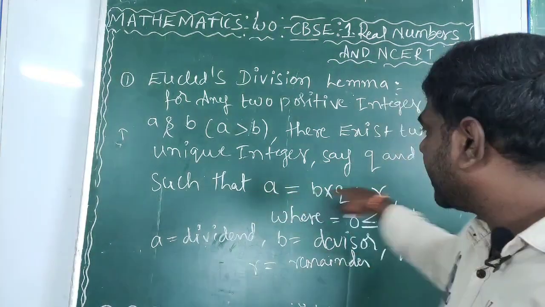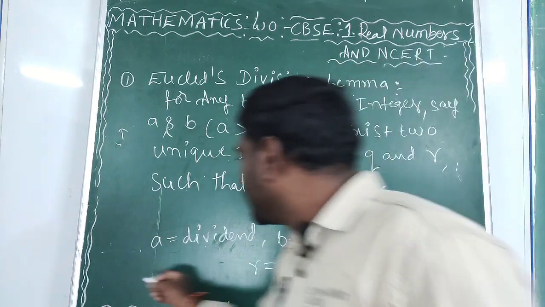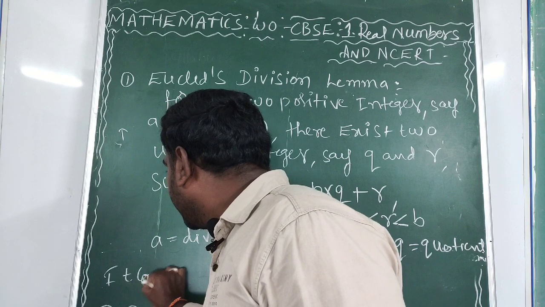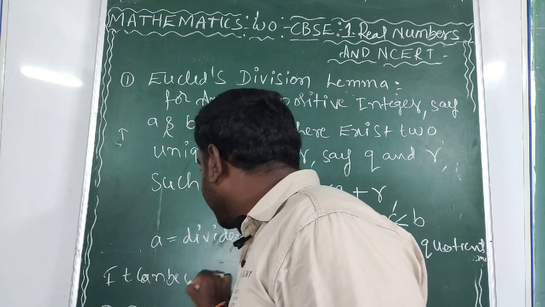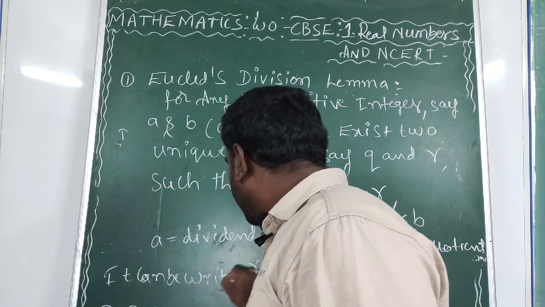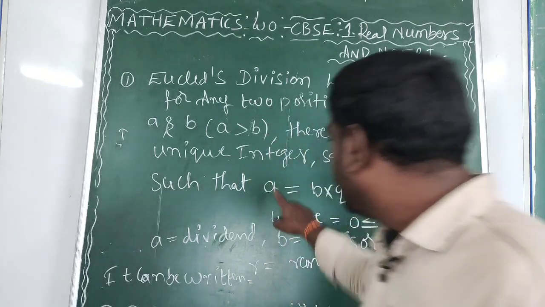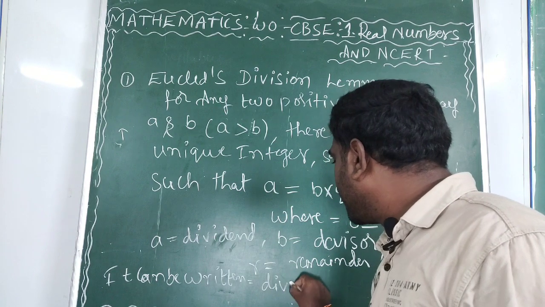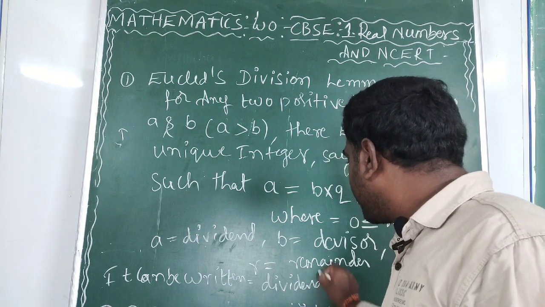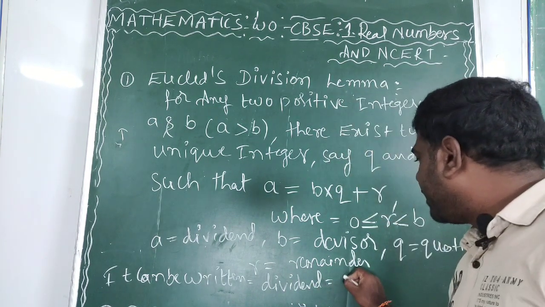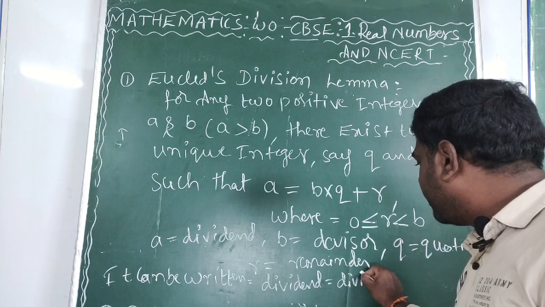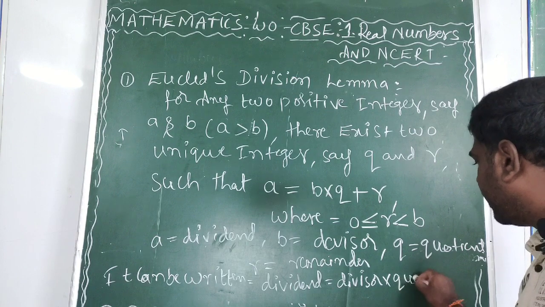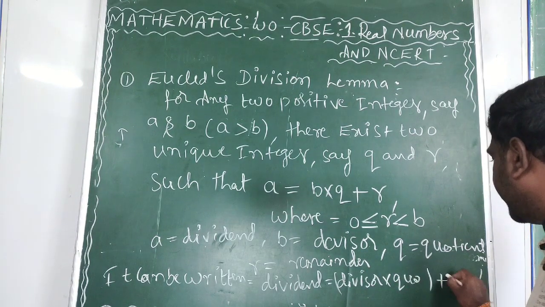So how can I write it here? What is the dividend? A means dividend. Dividend is equal to divisor into quotient plus remainder.